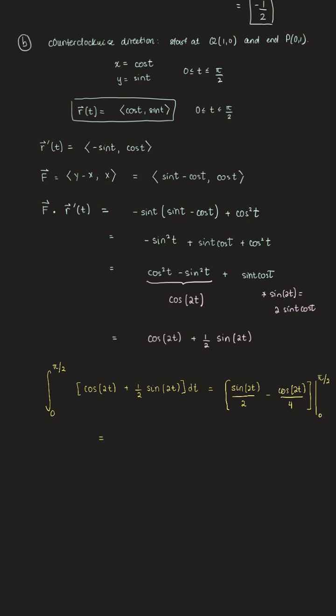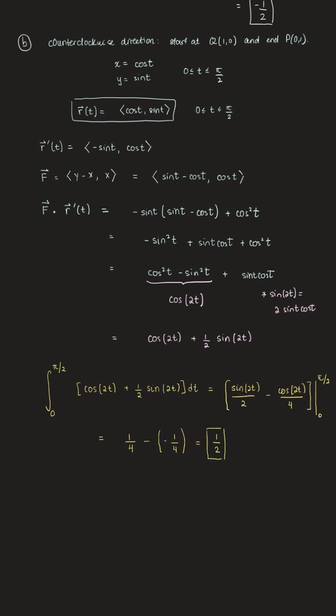When we put in pi over 2, we're going to get sine of pi, which is 0 for the first term. And cosine of pi is -1, but with a negative in front, that gives us a 1/4. Now we subtract what we get when we put in 0. The first term, sine of 0 is 0. The second term is going to be a -1/4. And so this is a fourth plus a fourth, which gives us a positive 1/2.